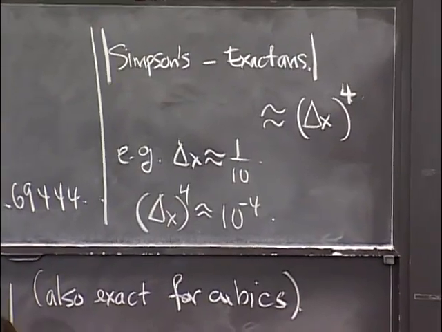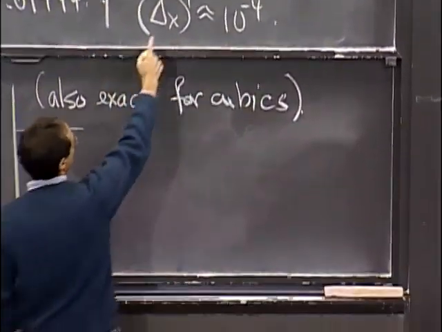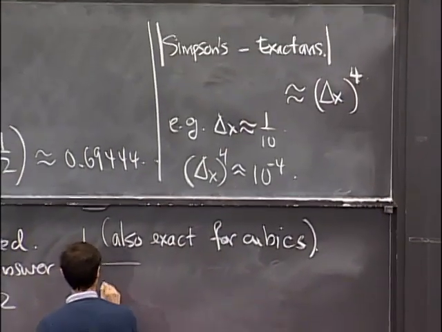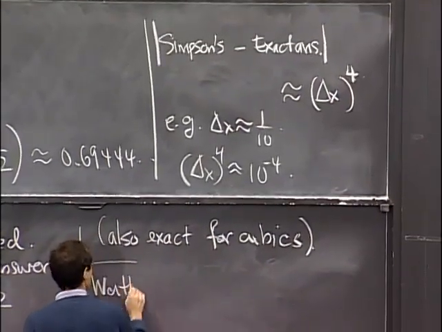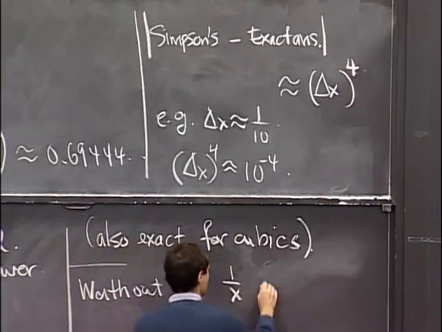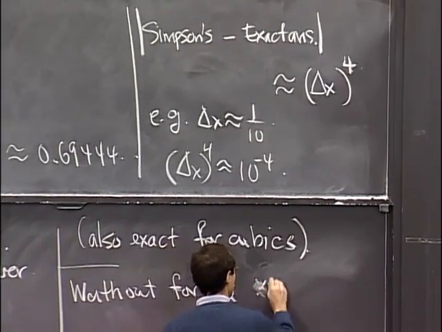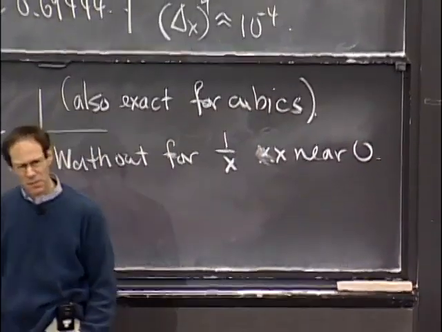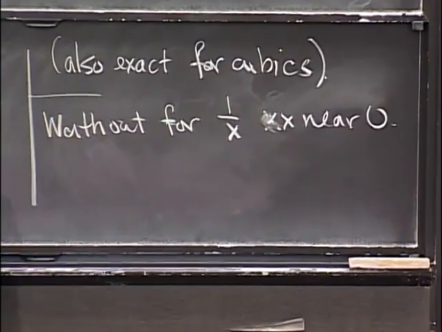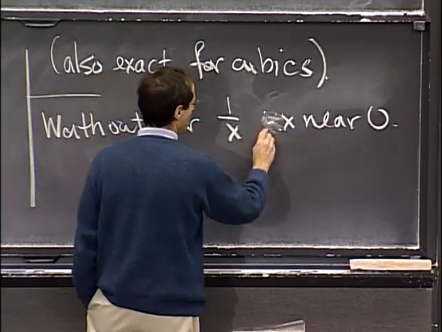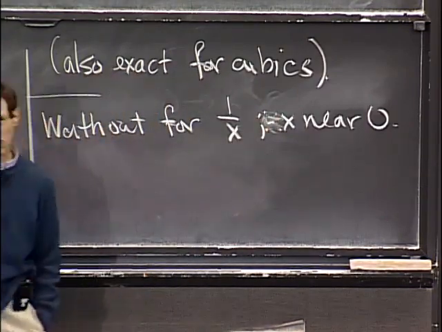And that's what explains the fourth order validity. The last thing that I want to point out is that this is extremely vague, what I said there, and you should be a little bit cautious about it. You need to watch out for 1 over x for x near 0. All bets are off if the function is singular and there's a lot of area under there. And it's also true that if the derivative messes up, you're in trouble too.